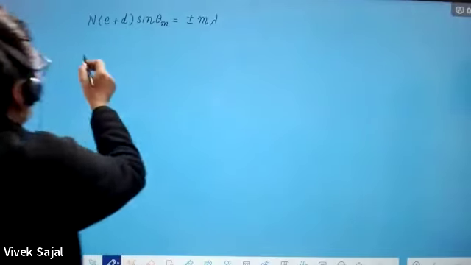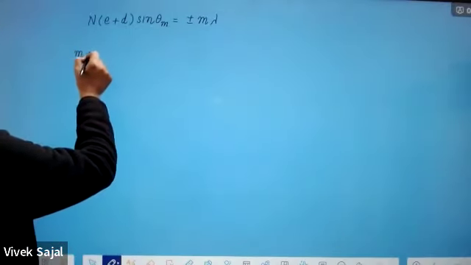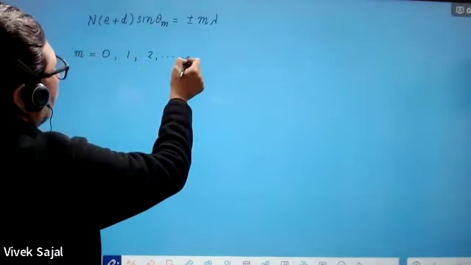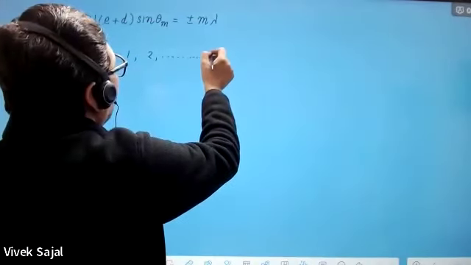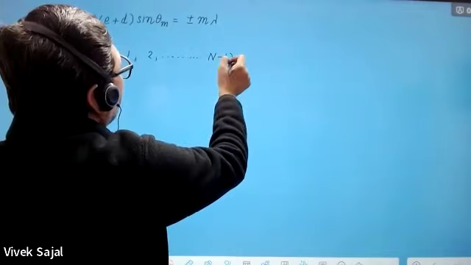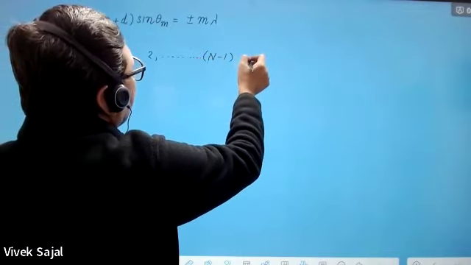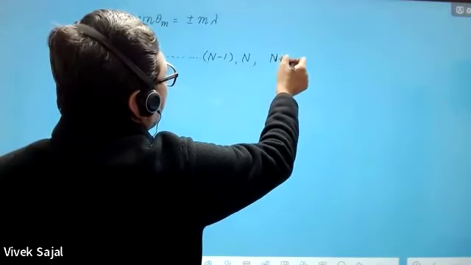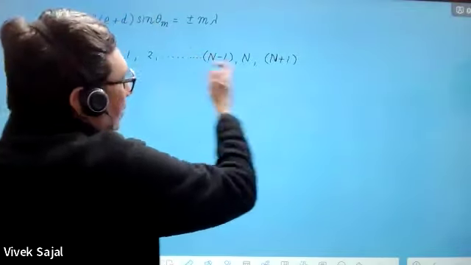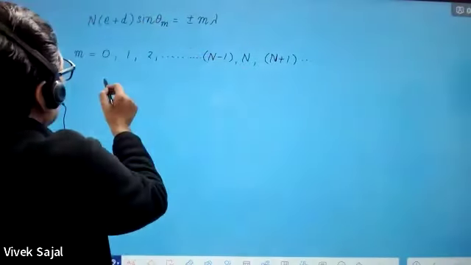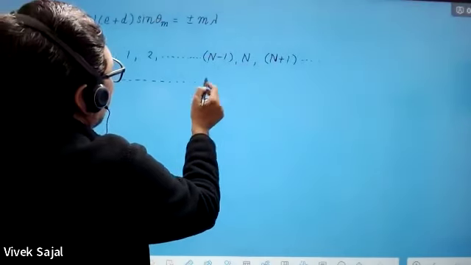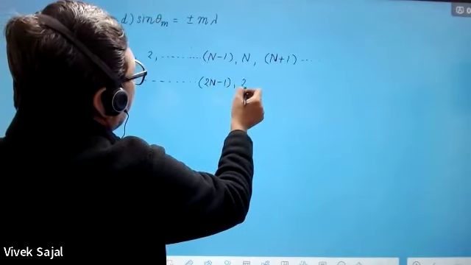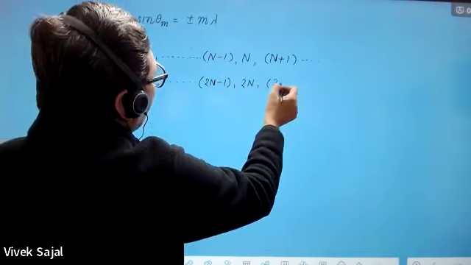I'm writing 0, 1, 2, and then it will be n minus 1. Then there will be n, then n plus 1. You may continue like this again: 2n minus 1, then 2n, then 2n plus 1.